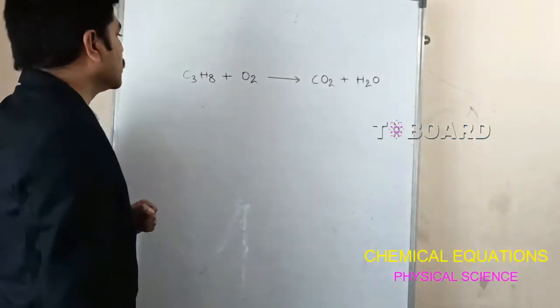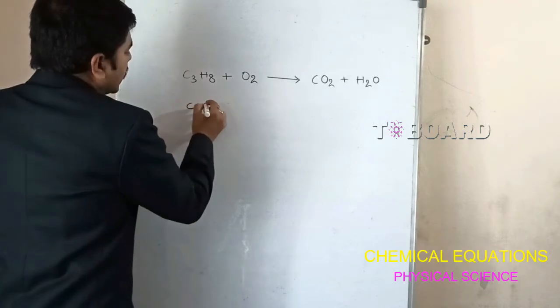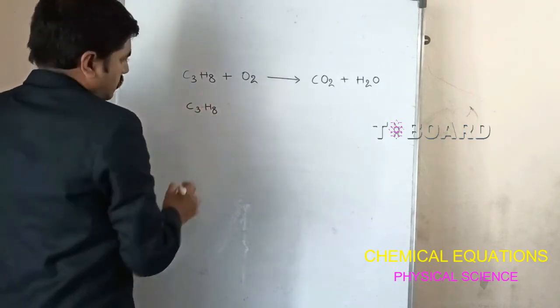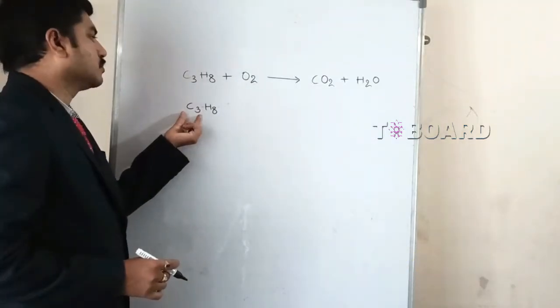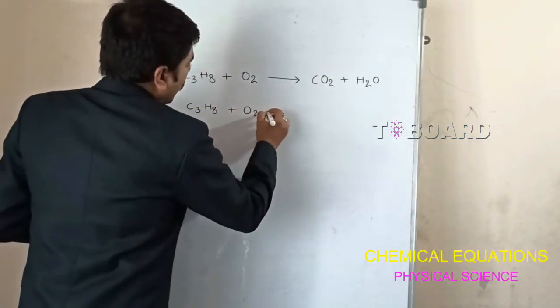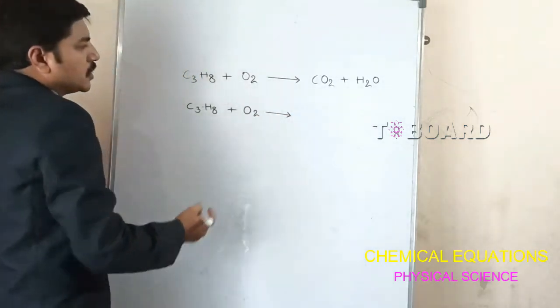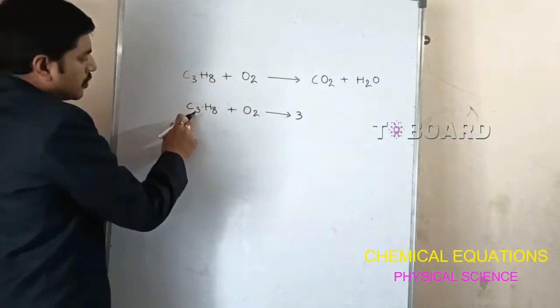Now we balance it. First of all, I want to use that C3H8 again, in one more step. I want to balance the carbons first. How many are there? 3.